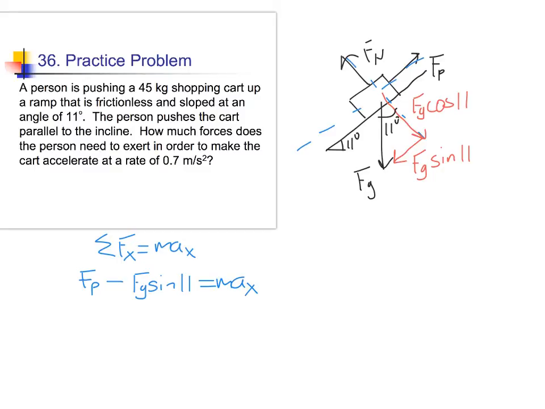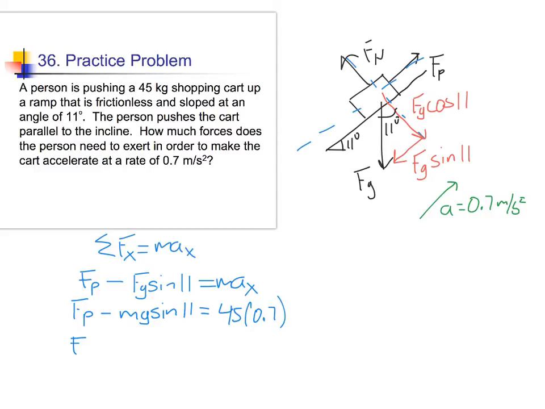I am keeping in mind here that my acceleration is going up the incline, and it tells us it has a value of 0.7 meters per second squared. So continuing on from here, filling in what I know, I'm looking for FP. Fg I know is just mg, so I'm going to fill that in. And that's going to be equal to my mass, which is 45, times 0.7.